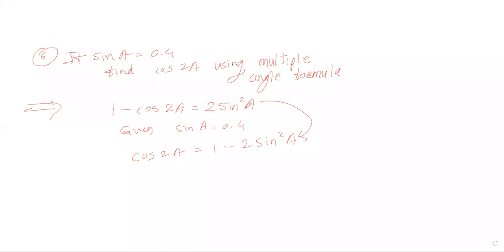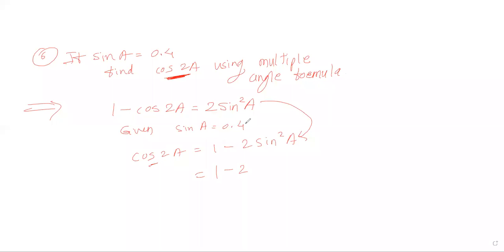The minus 2 sin square A goes to the right side and cos 2A goes to the left side. ह्या फॉर्म्युला मधून आपण हा फॉर्म्युला कन्वर्ट केला, बरोबर की नाही. हा मायनस आहे तो इकडे जाऊन प्लस होणार आणि हा प्लस आहे तो इकडे जाऊन मायनस होणार. म्हणजेच 1 minus 2 sin square A. आता व्हॅल्यू पुटअप करायच्या, कारण cos 2A काढायला सांगितलं होता. So cos 2A is equal to 1 minus 2 sin square A.